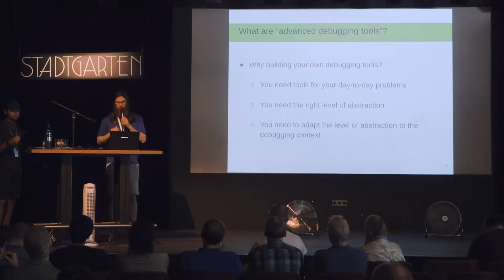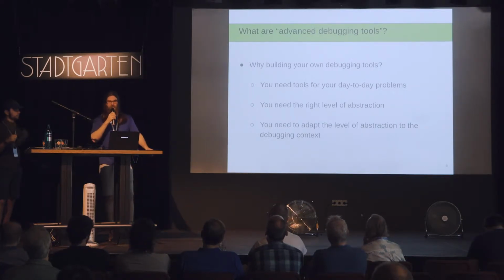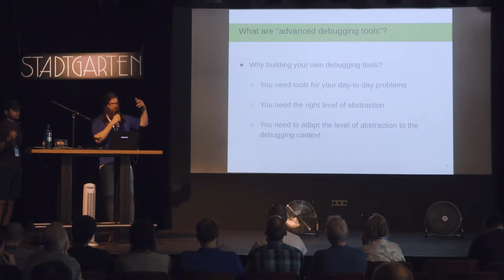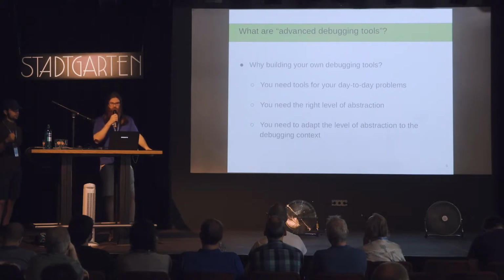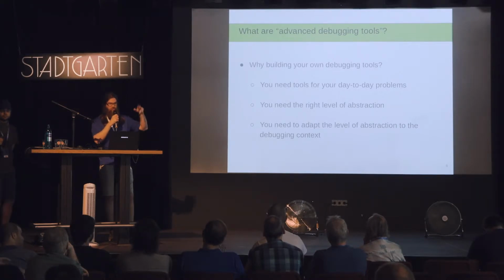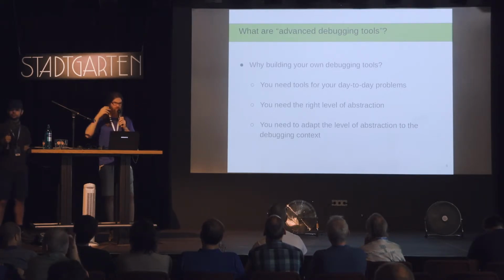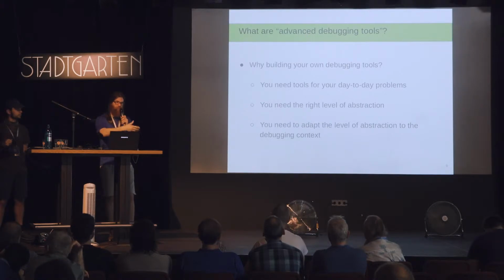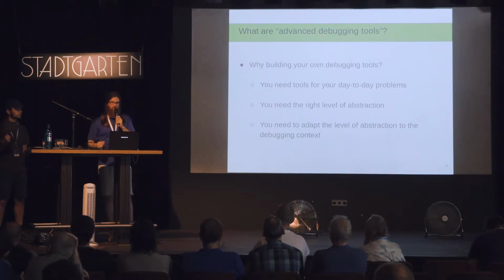For example, when you debug, sometimes you will need very low level information from, for example, the debugging stack. And sometimes you need to have more abstract information like information about the abstract syntax tree when you are debugging your program. And you need to adapt that level of abstraction when you debug, like when you try to narrow down the scope of what you are looking for. And sometimes you need to go back and have a more general view.